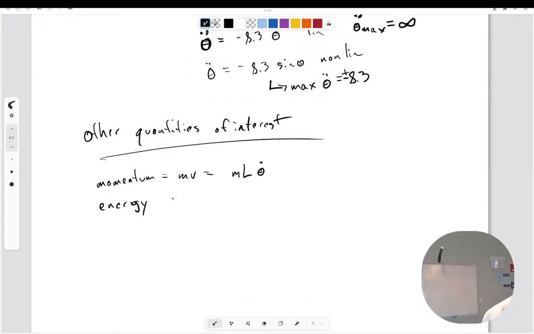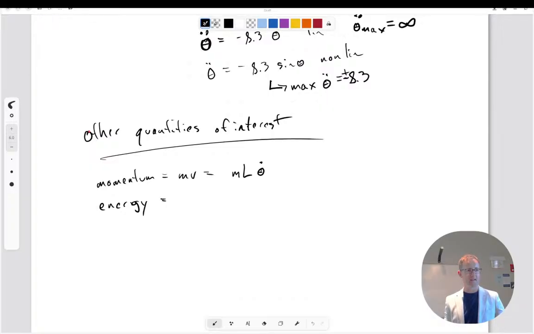All right, so we said energy. What would the energy be? How much energy does a swinging pendulum have? Okay. Potential, so gravitational, what does gravitational potential look like?